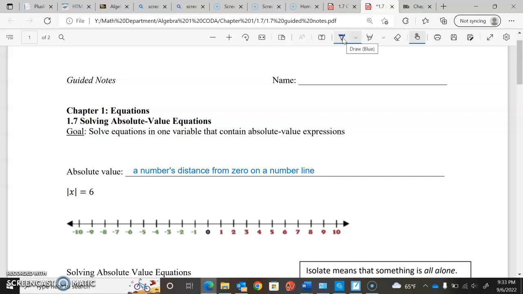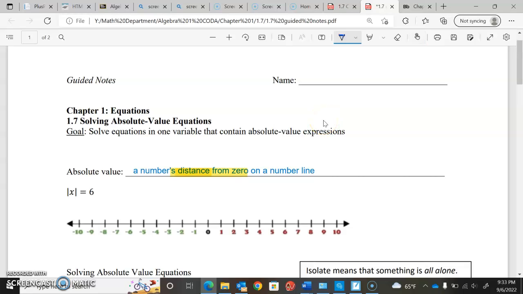So absolute value is the number's distance from 0 on a number line. So the key word there is distance, okay? Distance from 0. So when we're talking about distance, we're always talking about a positive value, right? There's no such thing as negative distance.